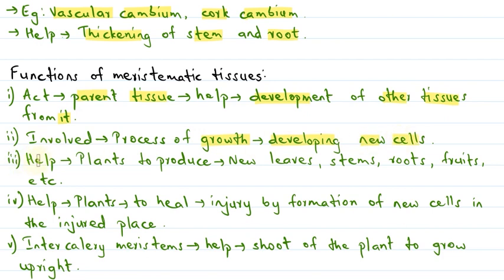They also help the plants to produce new leaves, stems, roots, fruits, flowers, etc. They also help the plants to heal from injury. How? By the formation of new cells in the place of injured cells. Then the intercalary meristems help the shoot of the plant to grow upright. So these are some of the important functions of meristematic tissues.